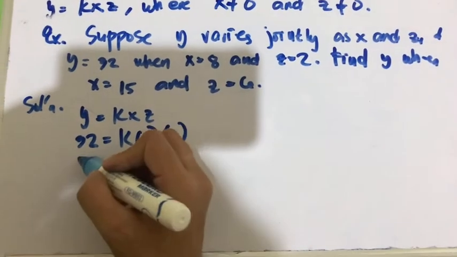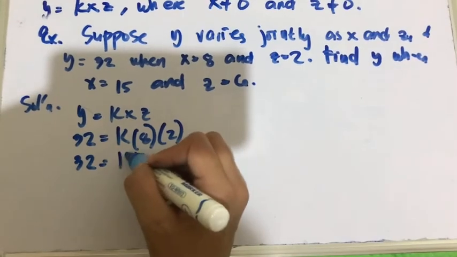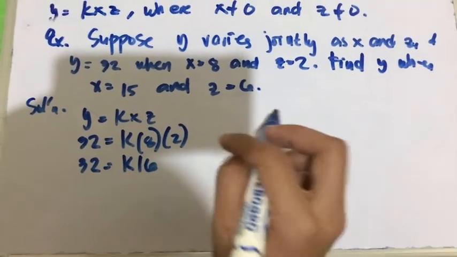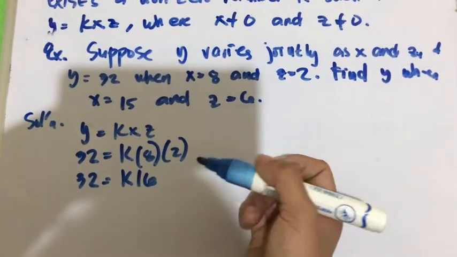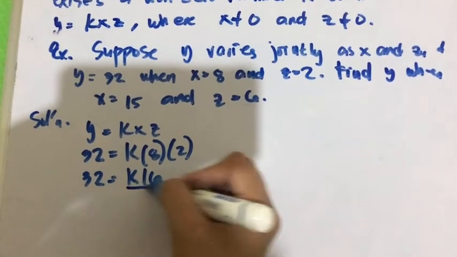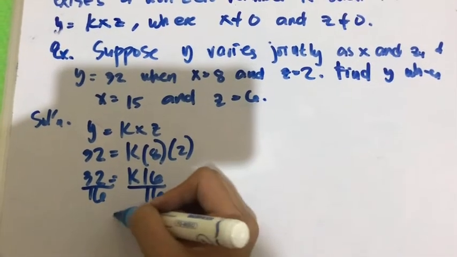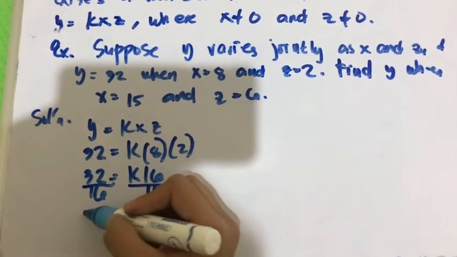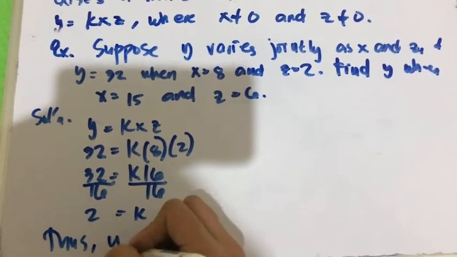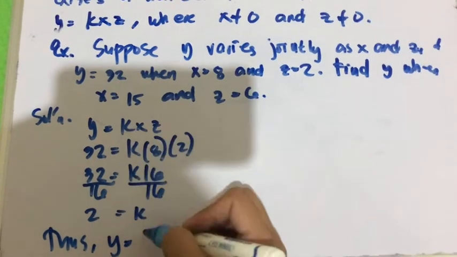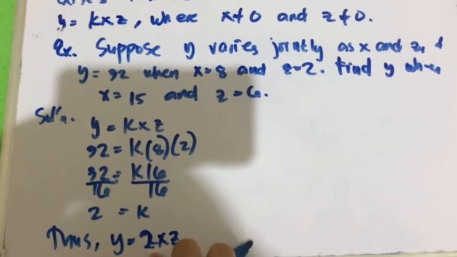So we multiply 8 times 2, that is 16 times k, or 16k. Our aim is to get the value of k, so we divide both sides by 16 and we are left with 32 divided by 16, which is 2. Thus, y is equal to 2xz, substituting the value of k.